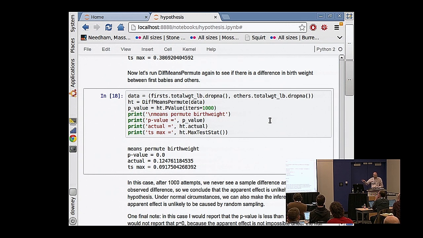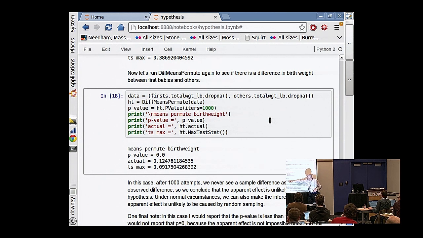Here's the example. I'm using the same hypothesis test object. It's still a difference in means by permutation. The difference is just a different variable. Total weight in pounds is the variable that I'm using, and the p-value turns out to be sort of 0, but I'm going to give you a warning about this in a minute.